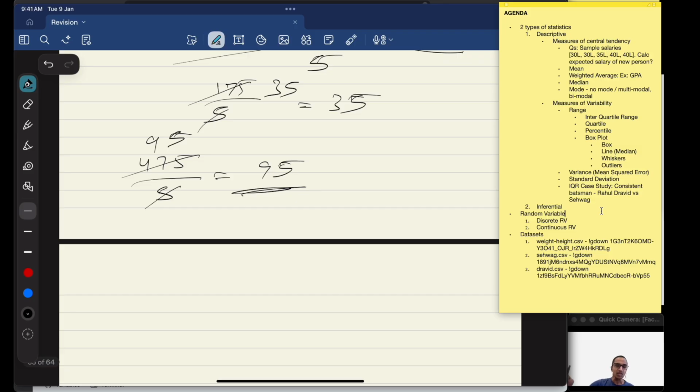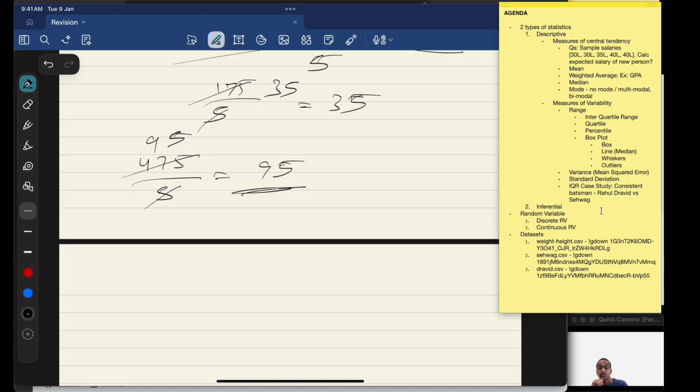So from this we can conclude that the mean is not exactly robust. It does not give us an accurate center when there are outliers in the data set, right?